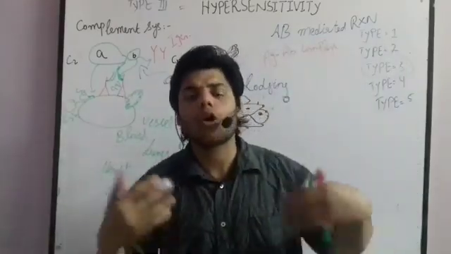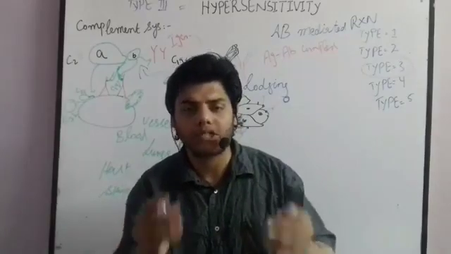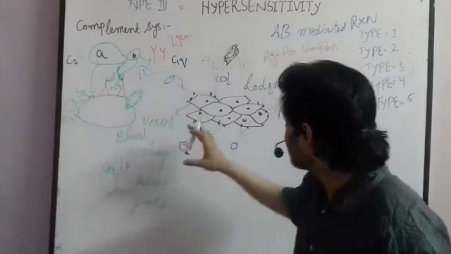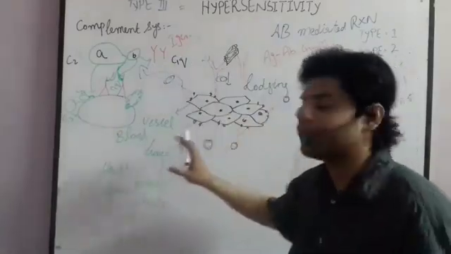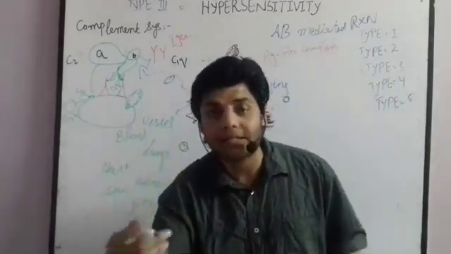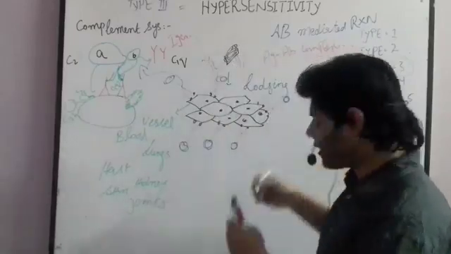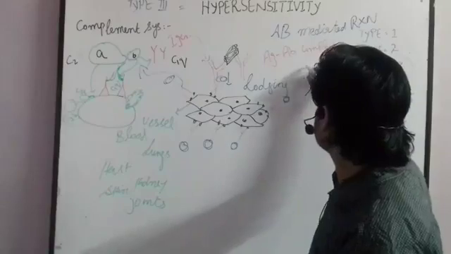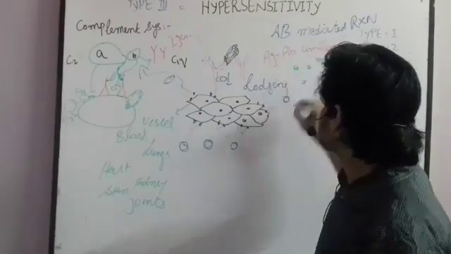The large subunit of the complement system protein will be connected to this Fc portion of the antigen-antibody complex, and the small subunit, these green ones, is the small subunit of the complement system.